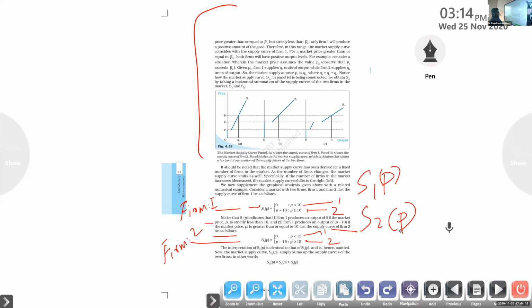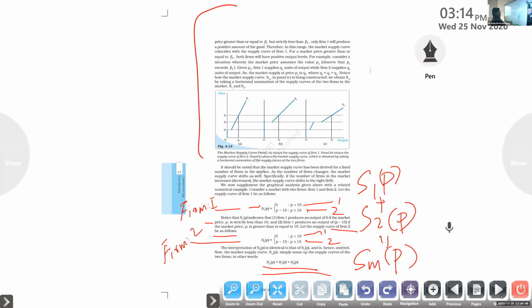We add them together to create the aggregate market curve. So S_M(P) is equal to S1(P) plus S2(P). Clear?